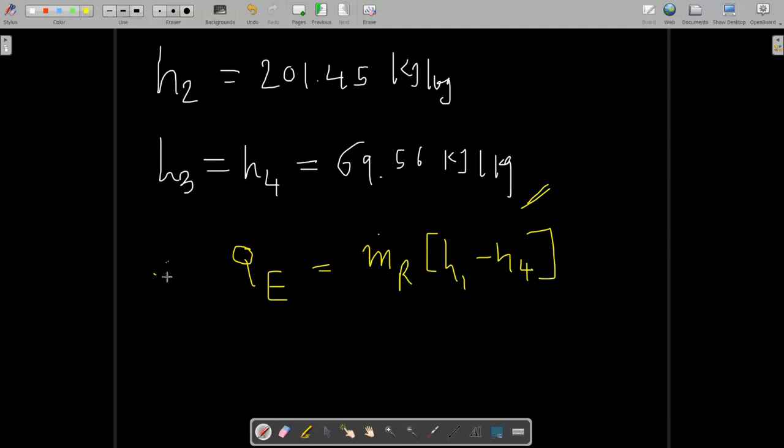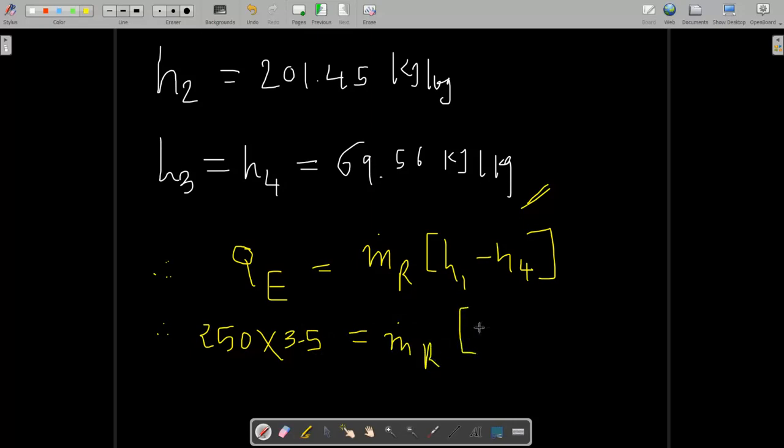Hope you know this basic, because these are all first year concepts. The total capacity is 250 ton, and if we want to convert into kilowatt, multiply with 3.5, and mass flow rate of the refrigerant.